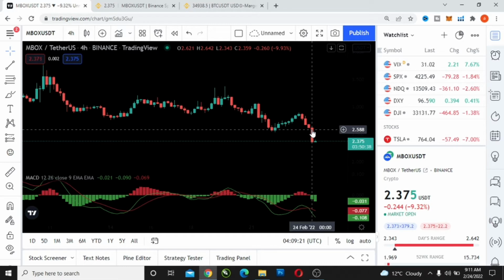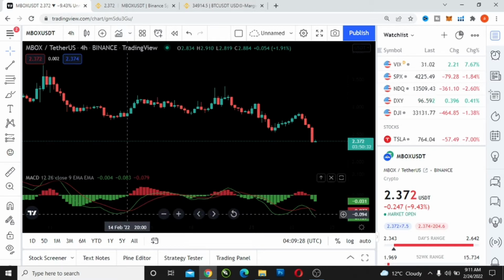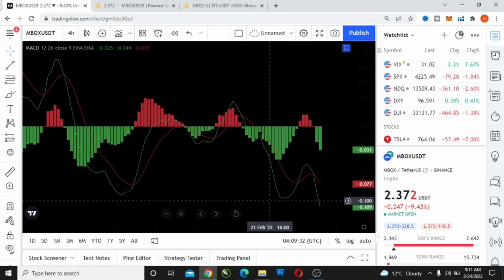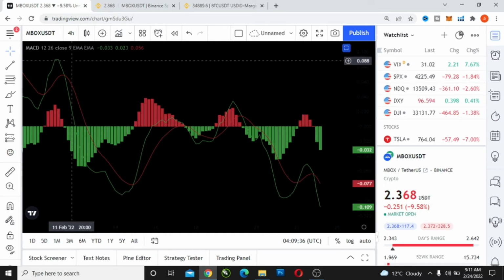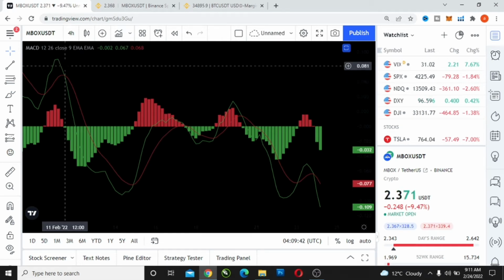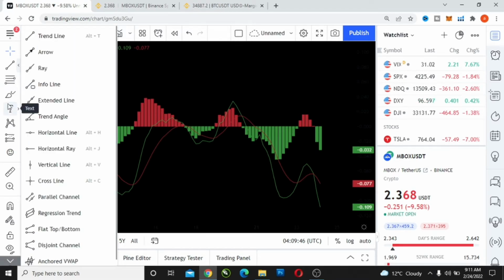Now the main point is that this is the lower low area. Let me expand it. This is the lower low area of this graph, and this is the higher high area. Whenever a crossover occurs, like we can see the crossover here, let me draw.